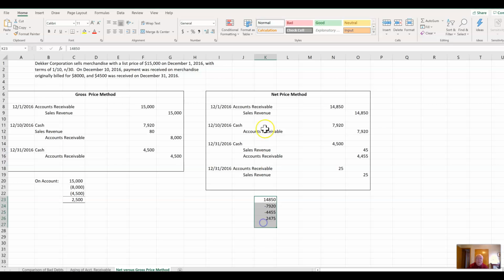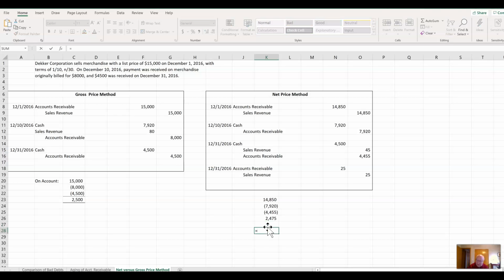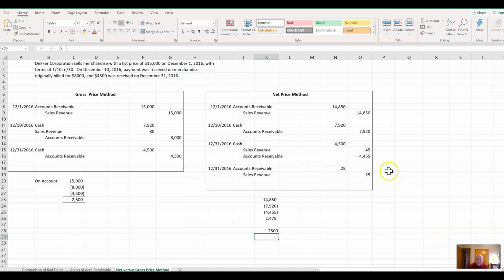Now the $24.75 is your discount. So to get how much you should have in the account, you take $24.75 divided by 0.99. So you should have $2,500 in the account. So the difference would be $25, and that's what your adjustment would be for, the $25 that you're short.